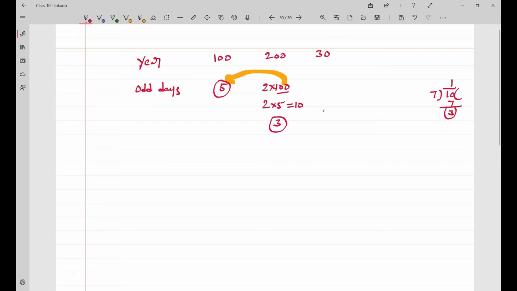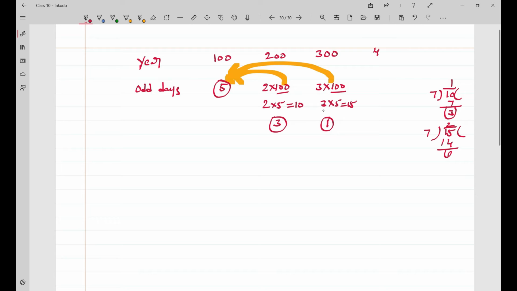Similarly, we can find out the number of odd days in 300 years. 300 can be written as 3 into 100. In 100 years, we got 5 odd days. So 3 into 5, that is 15. Again 15 is divided by 7, because in a week there are 7 days. 7 2s are 14. We got remainder 1. So the number of odd days in 300 years is 1.